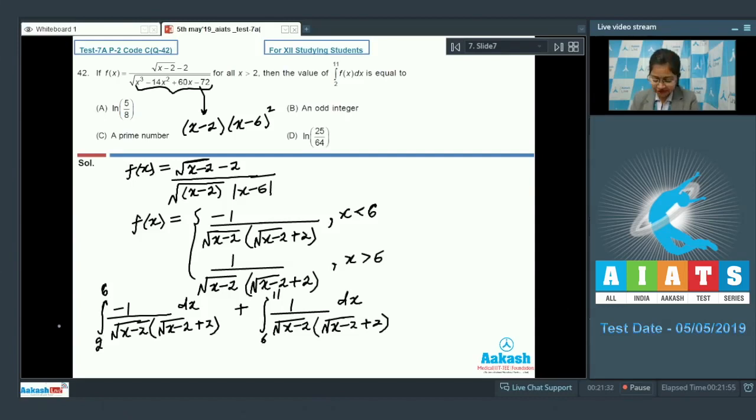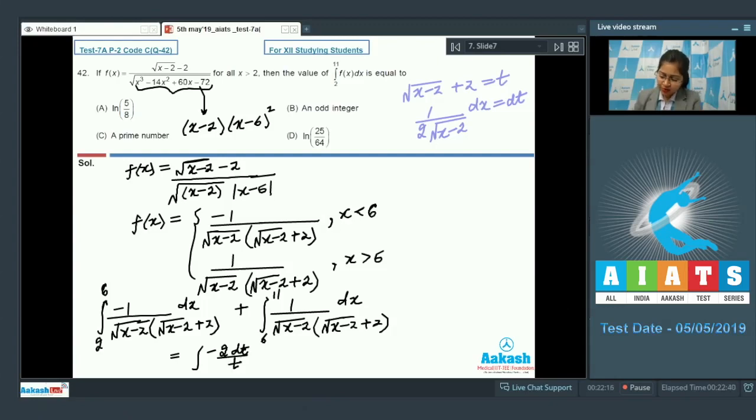Now to solve these integrals, let us put root (x minus 2) plus 2 equal to t. So its differentiation will give me 1 by 2 under root (x minus 2) dx equal to dt. So this can be written equal to minus 2 times dt upon t. Now when x is 2, the value of t will be 2.